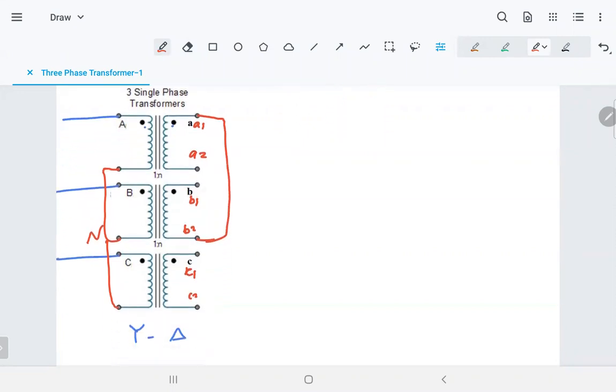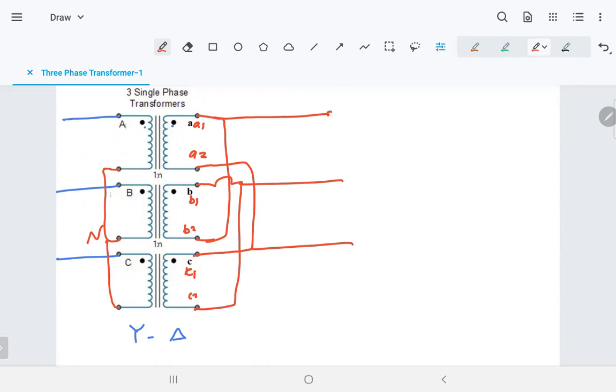And this one to this one. And C1 to A2. And then you get the output from A1, B1 and C1. That will be your points A, B, C. That will be your output. And that's how you connect it.